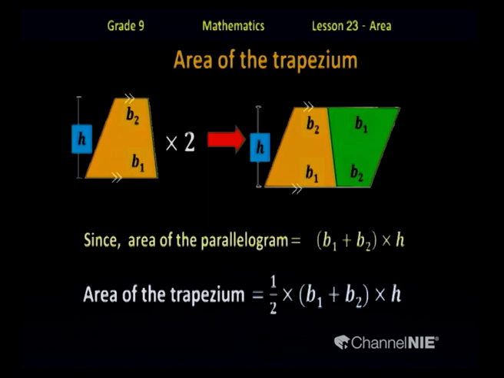Then the area of the trapezium should be half of the area of the parallelogram. We can represent it this way, multiplying by half. The area of the trapezium is half into b1 plus b2, into h.